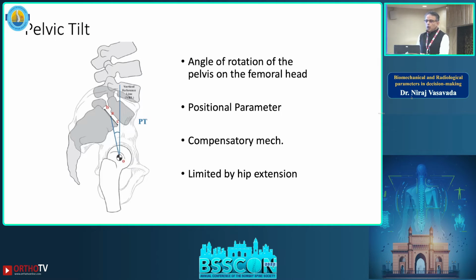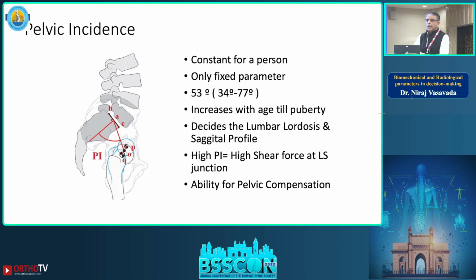Pelvic tilt, we all know how to measure, is the angle of rotation of the pelvis on the femoral head. It is a positional parameter and a compensatory mechanism of the body whenever the spine is under imbalance, which is limited by hip extension. So beyond a point, pelvic tilt or pelvic retroversion doesn't happen, and other compensatory mechanisms need to come into play.